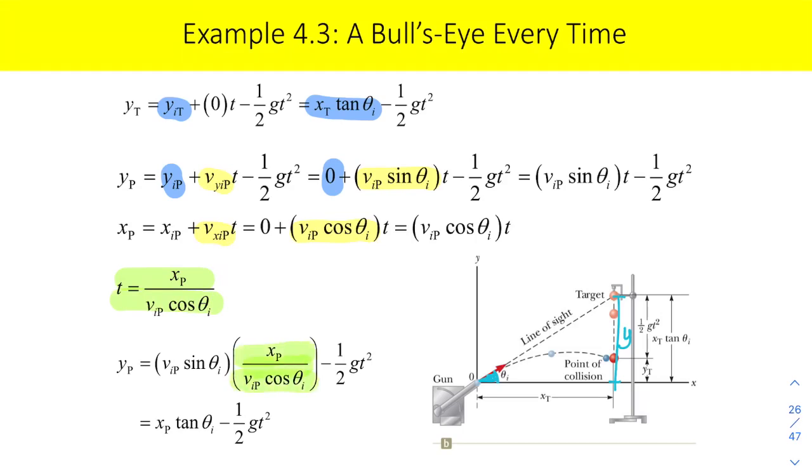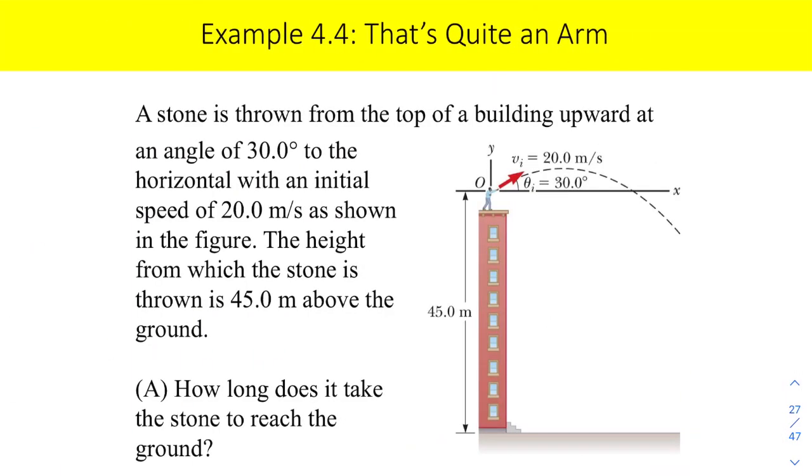Substitute for only one part, and then simplify. Sin over cos gives you tangent theta, and then this one cancels out. This one and this one become tangent. So you have a simpler equation.